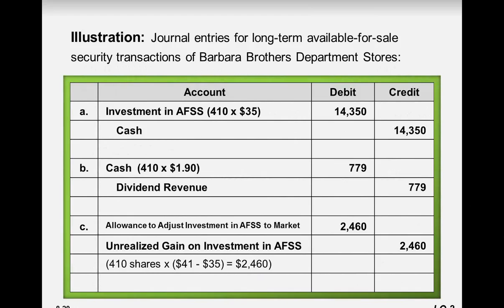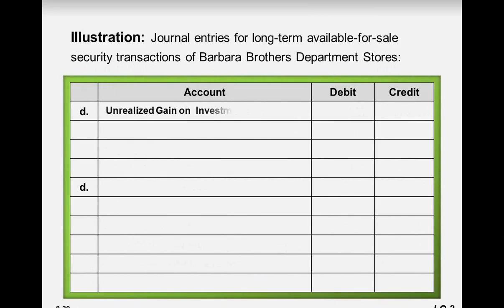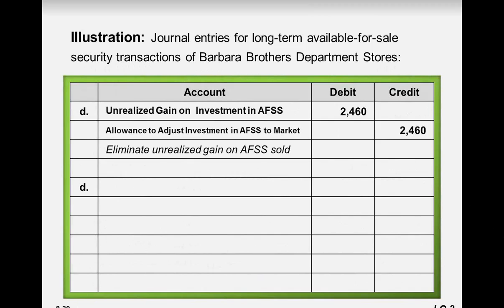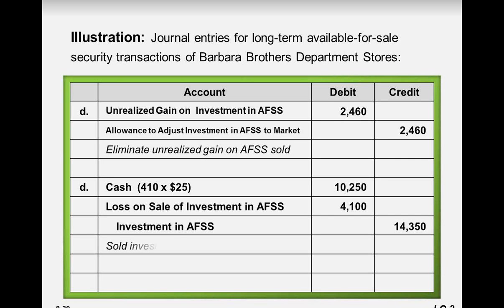And then for Part D, we were ready to sell these, so we had to get rid of the unrealized gain, zero that out. And we sold them for $25 per share. We originally paid $35 per share, so we had a loss of $10 per share on that, and zero that investment off our books.